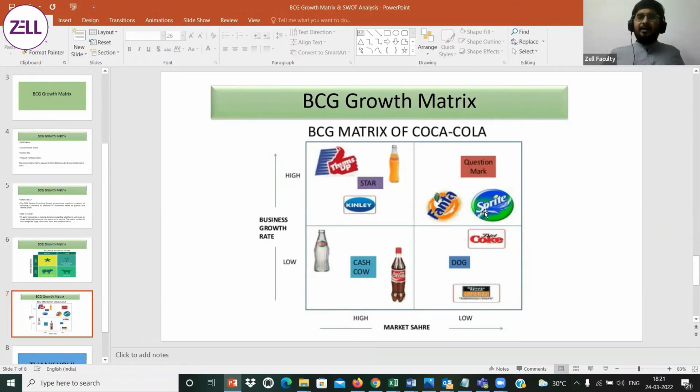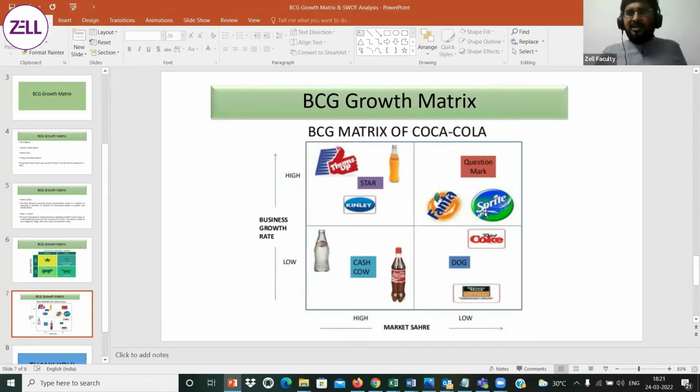We were discussing a simple company, but see, a company like Coca-Cola has two or maybe three products in the question mark category. It cannot keep on incurring advertisement, which is the major expense. It cannot keep on advertising everything like Fanta, Sprite, and everything in the question mark category. It has to pick one product or maybe two, depending on how much cash it has.